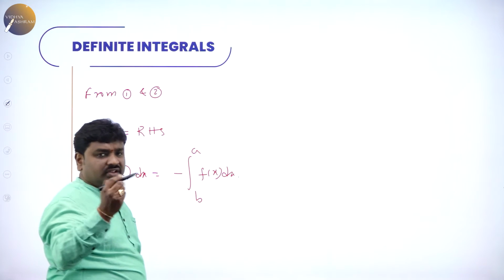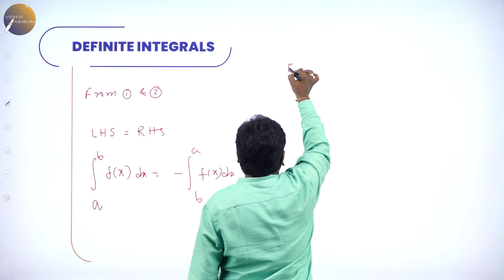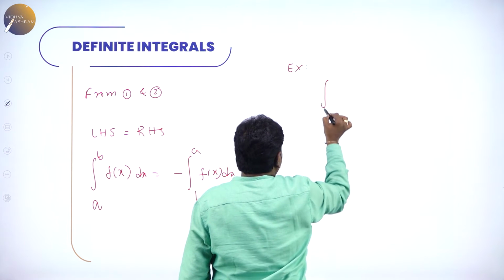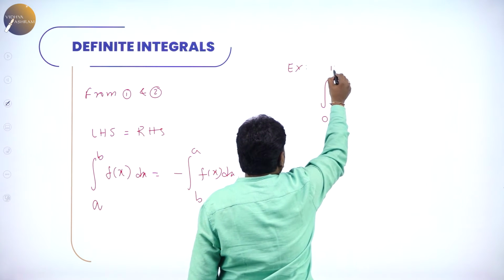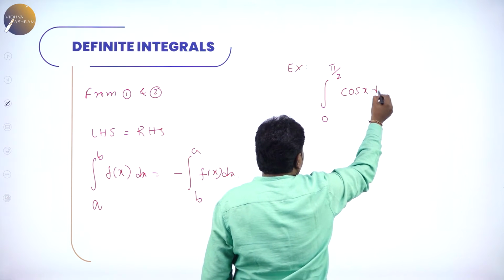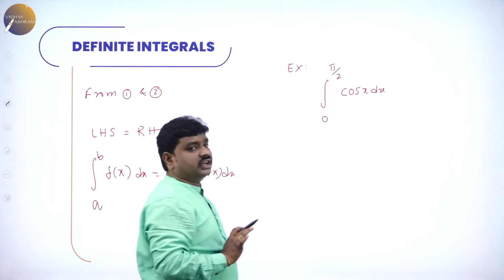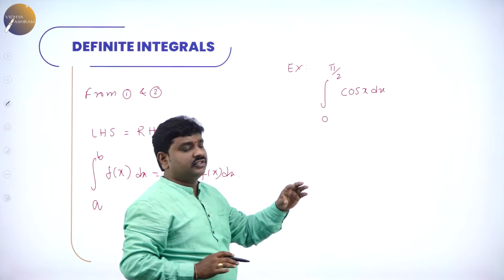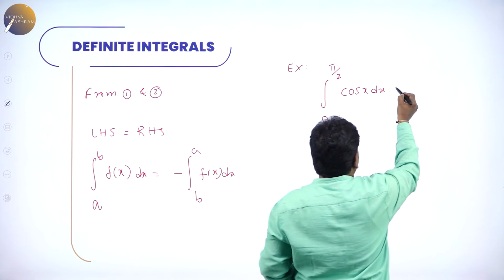So let us take one example. Integration of 0 to pi by 2 cos x dx, suppose. Now we'll find integration of 0 to pi by 2 cos x dx. All of you know integration of cos x is sin x, from 0 to pi by 2.